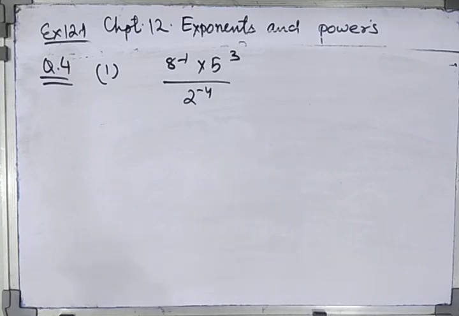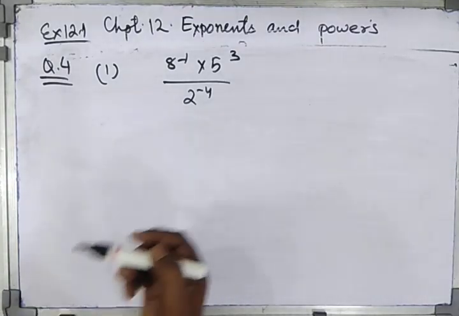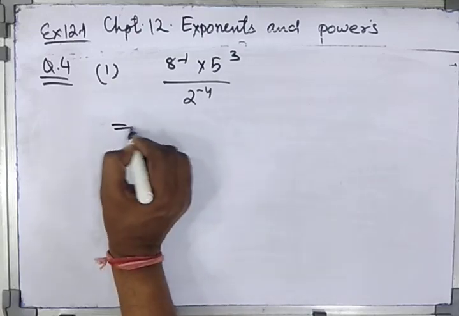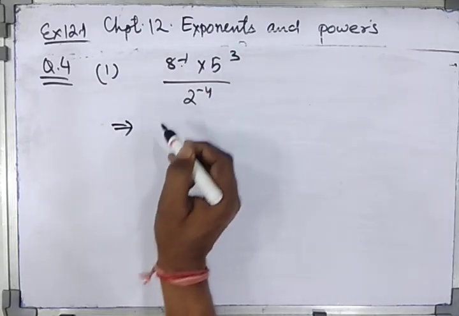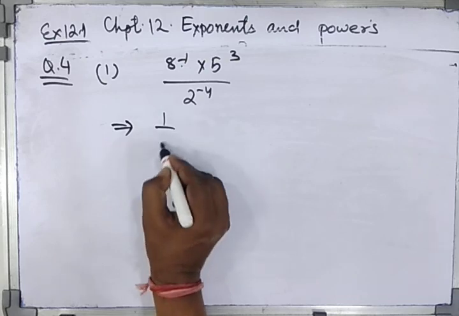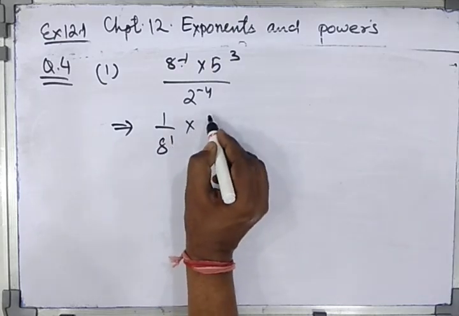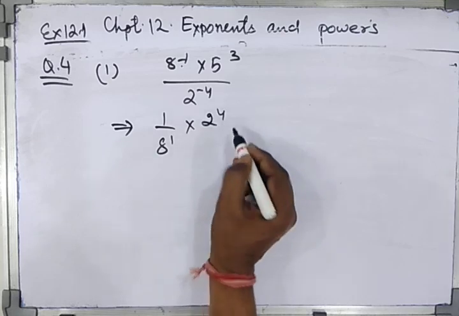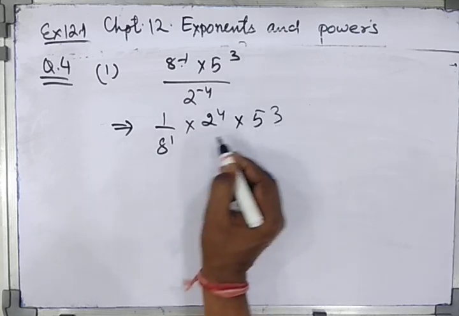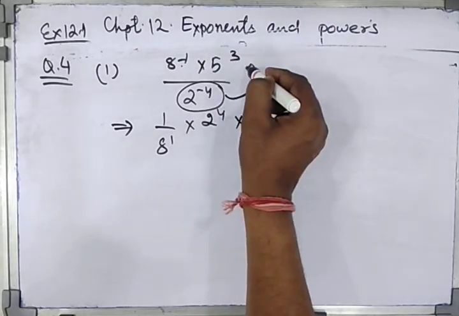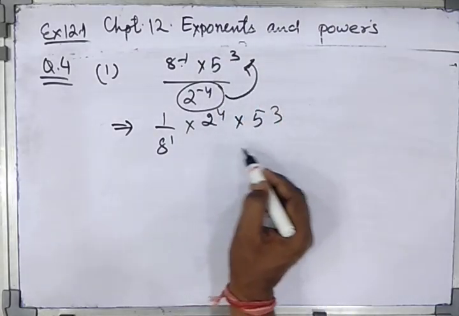So, students, 8 raised to minus 1. Negative sign is given, so 1 by 8 raised to 1 into 2 raised to 4 into 5 raised to 3, because 2 raised to minus 4, then shift the numerator and denominator.